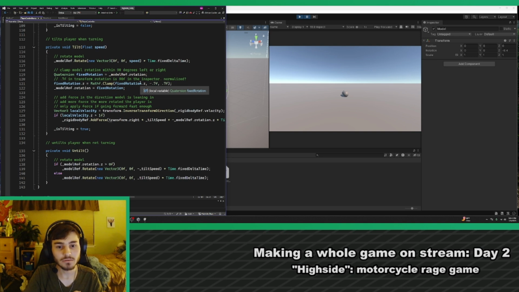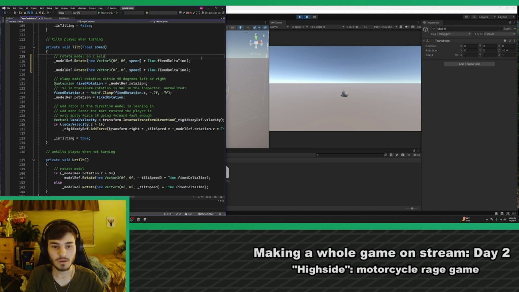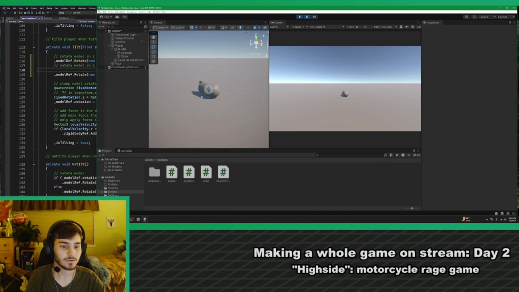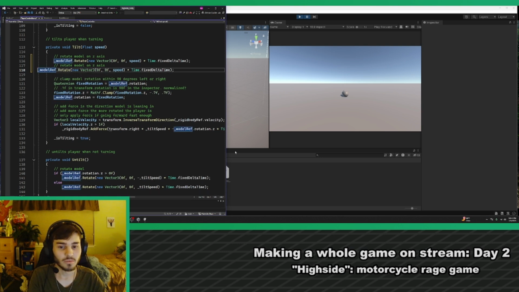So we're rotating our model here on Z, and now we're gonna rotate the model on the what axis?